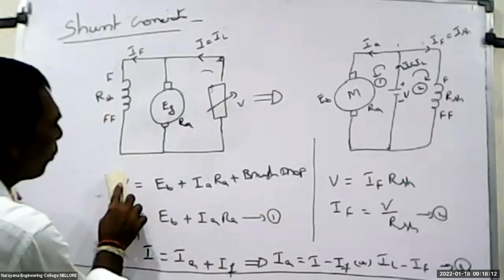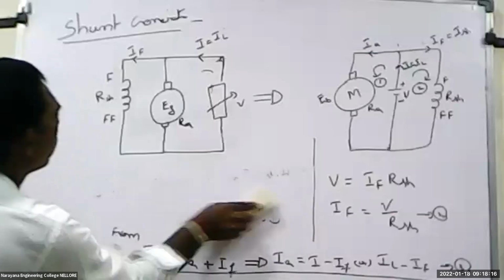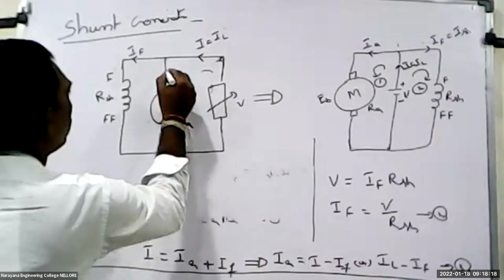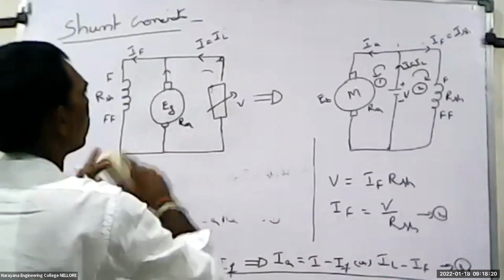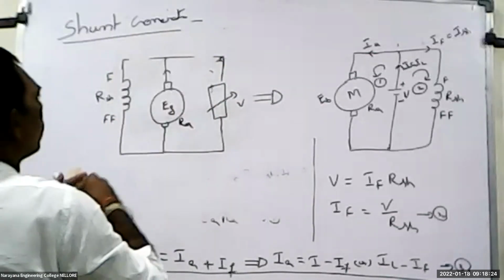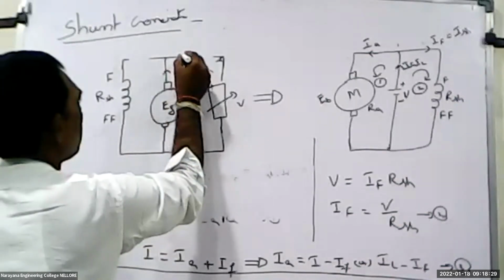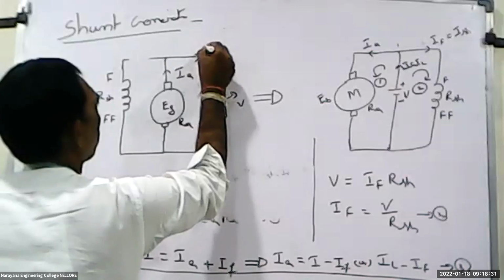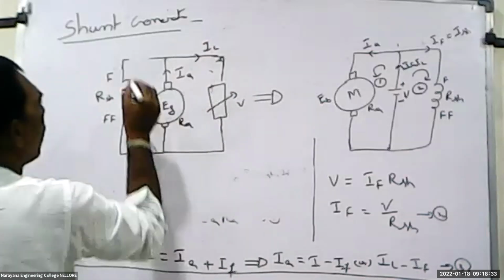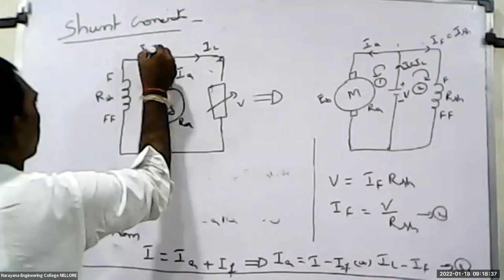Okay, we have to modify this one. What is the equation? I will explain just one equation. Here, this is the delivered current, represented as IA, the current passing through the load is represented as IL, and the current passing through the field winding is represented as IF.